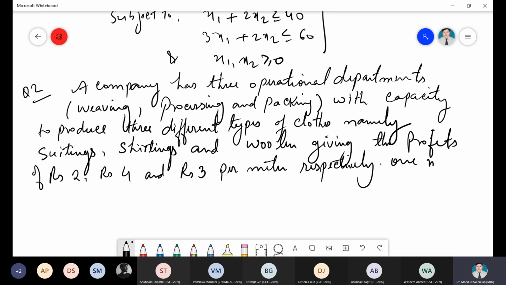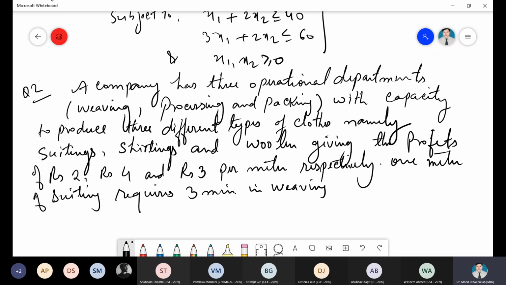Now 1 meter of suiting requires 3 minutes in weaving, 2 minutes in processing, and 1 minute in packing.